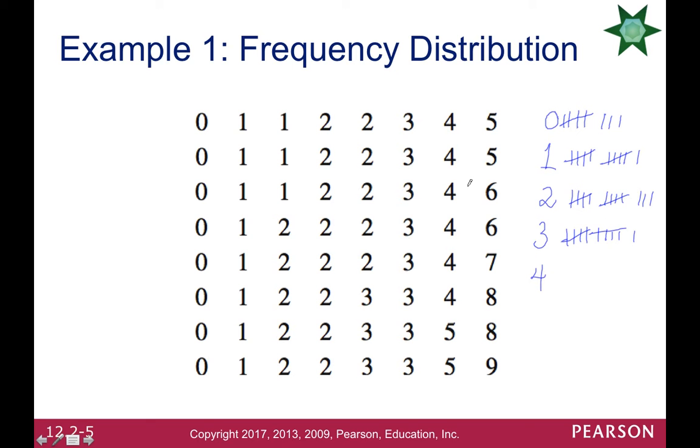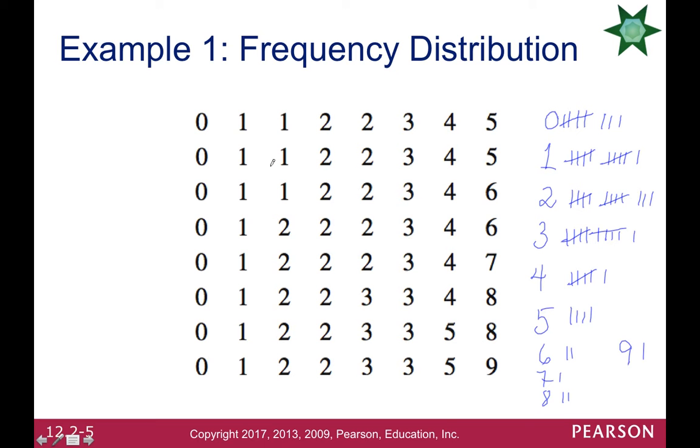Okay, let's check out 4 children. 1, 2, 3, 4, 5, 6. And then 5 children. 1, 2, 3, 4. And then 6 children. There's 2. 7, 1. 8, 2, and then 9, which I'll put over here, 1.